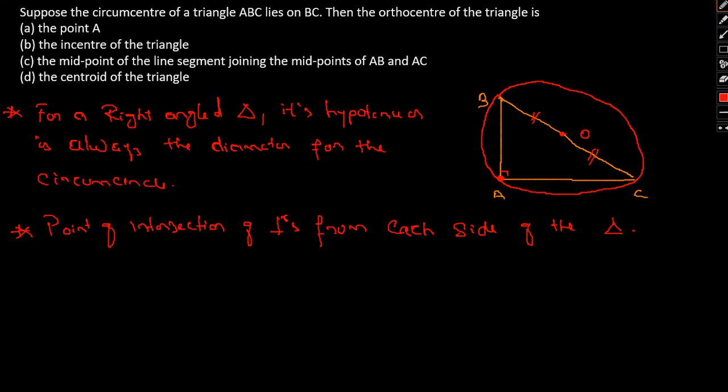And also if we are supposed to draw the altitude of the triangle ABC, we can again draw it this way as well, joining the midpoint, but this will be perpendicular again.